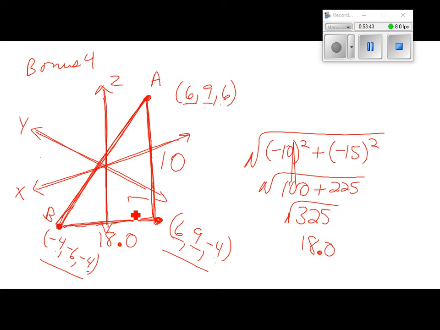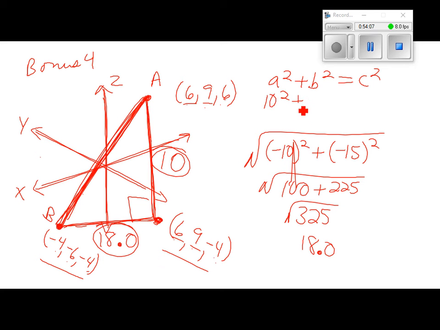Now what we have here is a right triangle, so we can use Pythagorean's theorem to find the length of this, because we now know this side is 18.0, this side's 10. Pythagorean's theorem is a squared plus b squared equals c squared. This is our c over here, that's our hypotenuse, so we just do 10 squared plus 18.0 squared equals c squared.